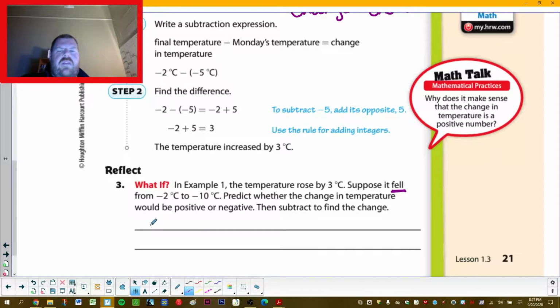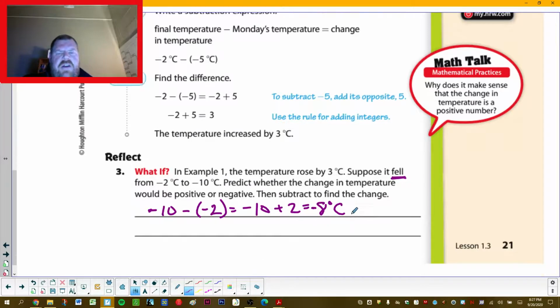Let's show that, though. The final temperature was negative 10, and it started at negative 2. Turn that into an addition problem, and it looks like the temperature actually dropped, let's say 8 degrees. Sorry, negative 8 degrees. I said it, then I didn't write it.